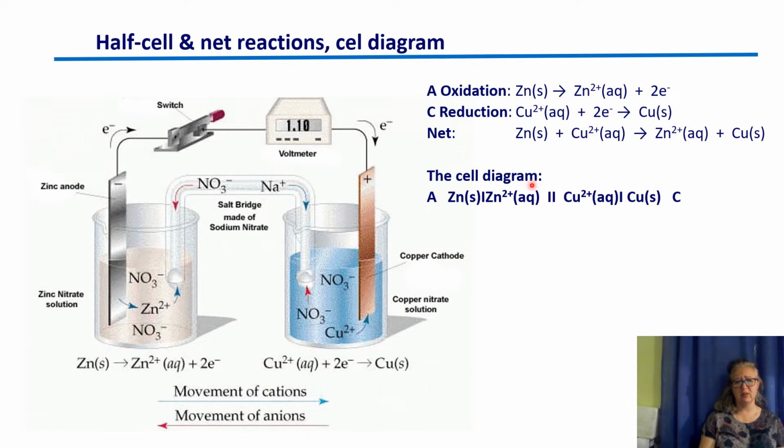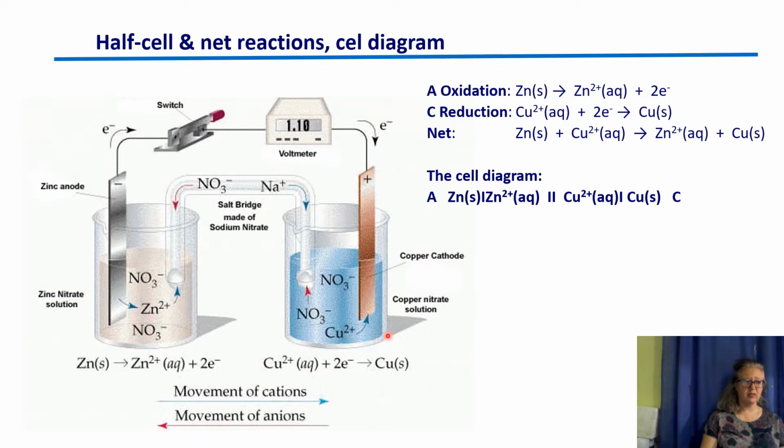I also presented here the next reaction and the cell diagram. The anode is an electrode at which oxidation occurs, and the cathode is the electrode at which reduction occurs.